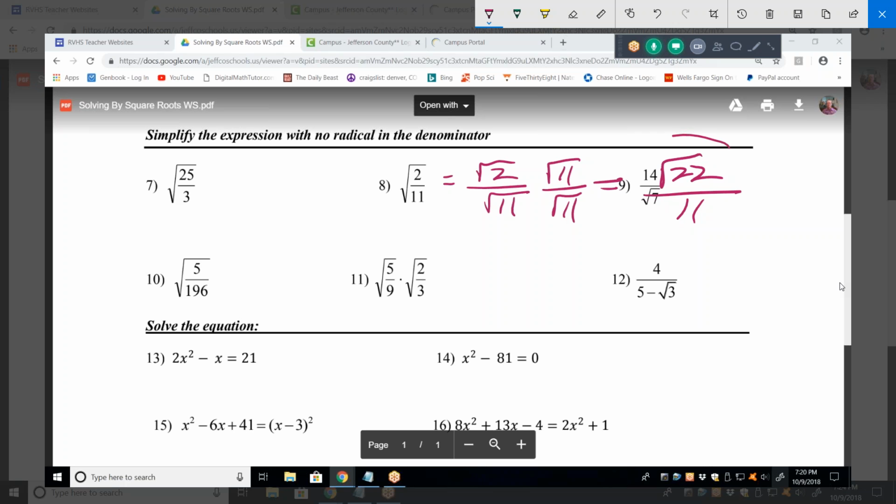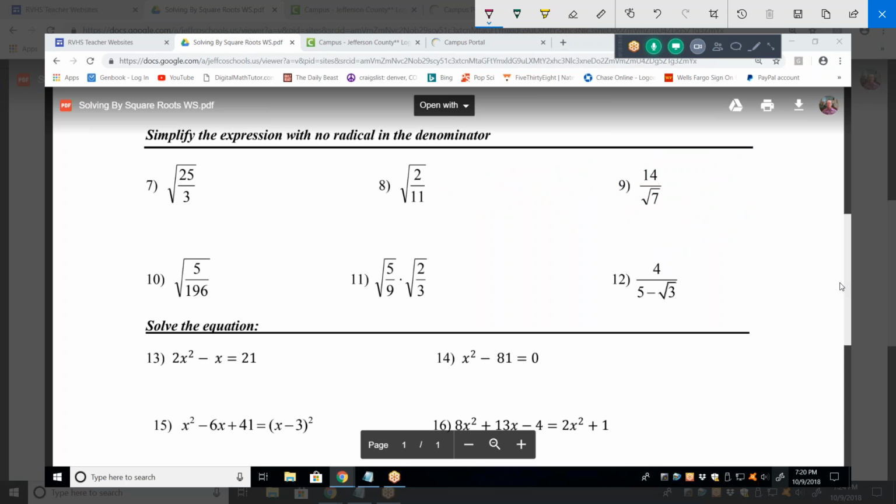I can't simplify 22. 22 is not divisible by 4 or 9, and those are the only 2 I really need to check. So I can't simplify 22, and I have a rational number in the denominator, so that's my answer.